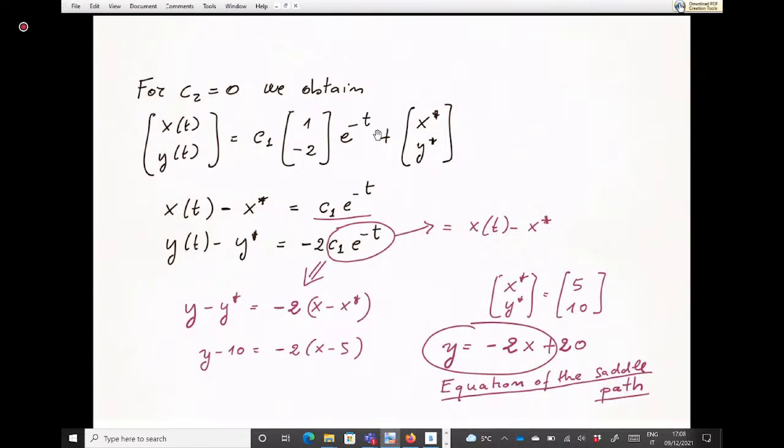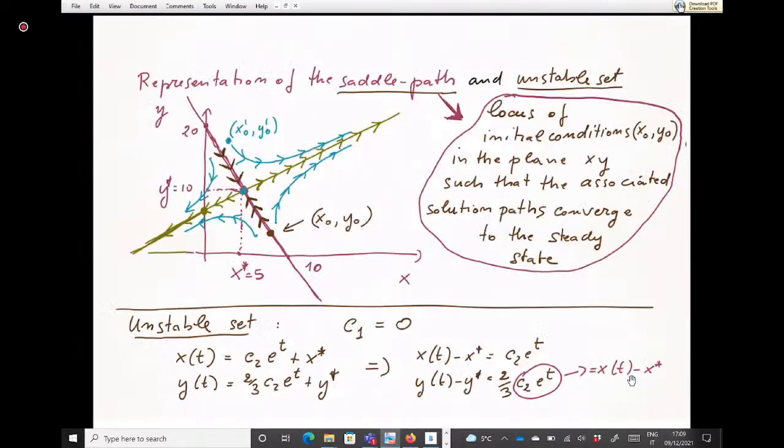So for this particular initial condition, the term with the positive eigenvalue will have no influence, okay? Because it will have C2 equal to 0. Because we started from the desired result in order to derive this straight line in the plane. This is called the equation of the saddle path. So what happens here is like this.